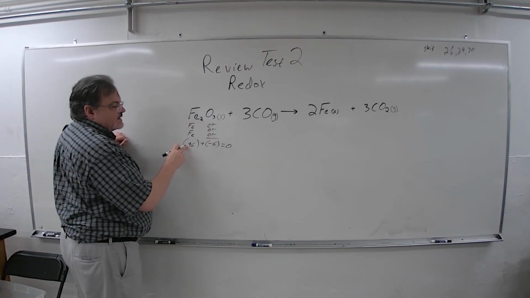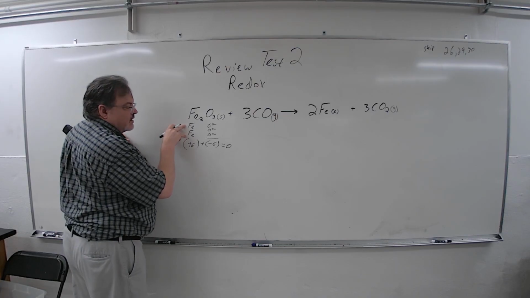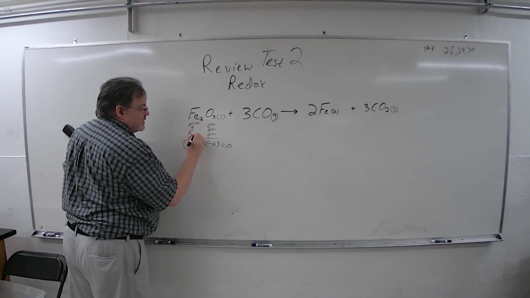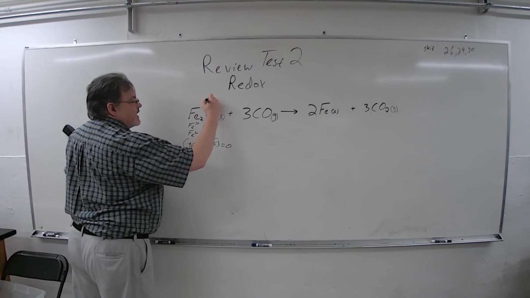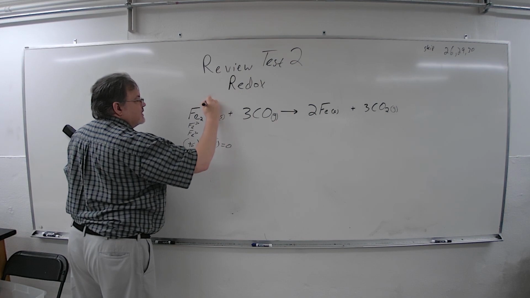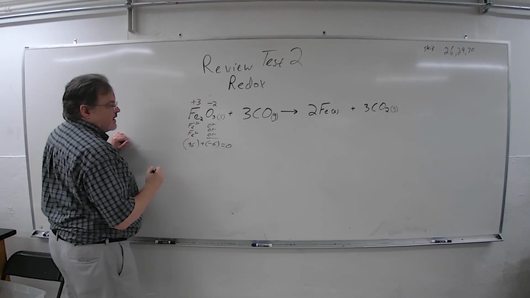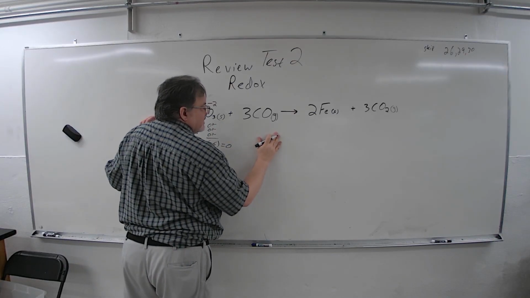And I've got to split that 6 up among them, so what's the charge on Fe here? Plus 3. And there, we figured it out. Oxygen was -2 and iron is +3. Now we go here.